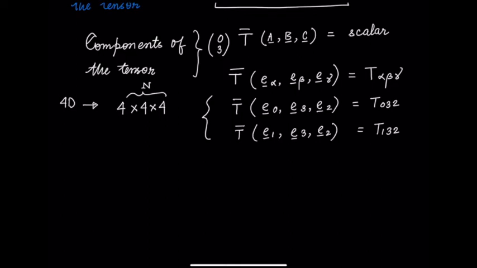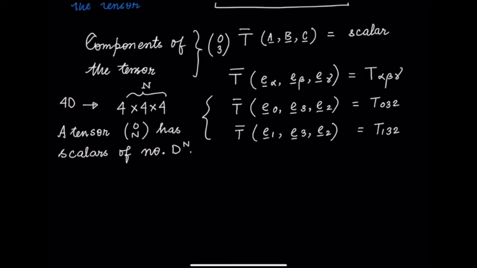So a tensor of rank n has d to the power n scalars, where d is the dimension of the space.